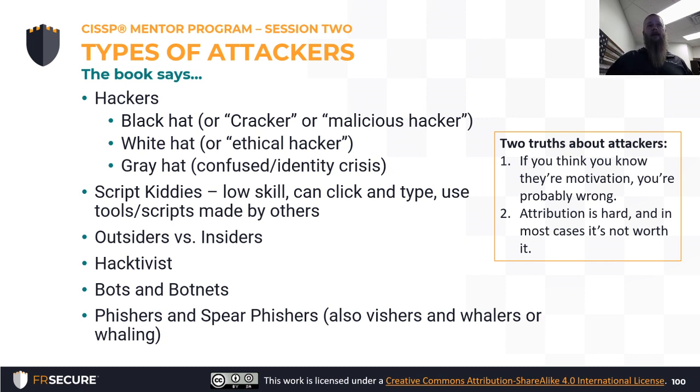So two truths about attackers: don't assume anything. Don't assume that you understand what their motivation is. When you do an incident response or when you're working against an attacker, you go where the facts take you, even if it's not a place you want to go. That's the facts, right? So attribution is really hard. In a lot of cases, it's not worth going and finding out who the actual attacker is.